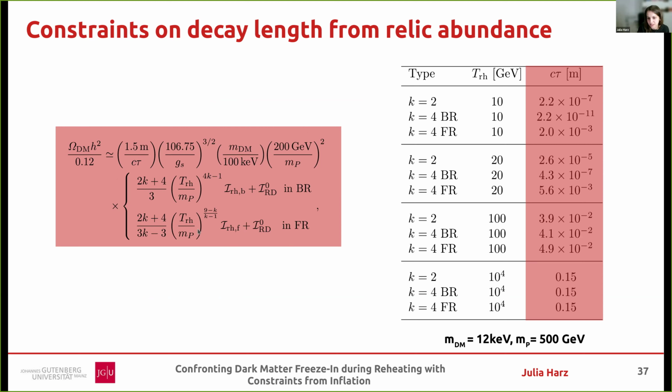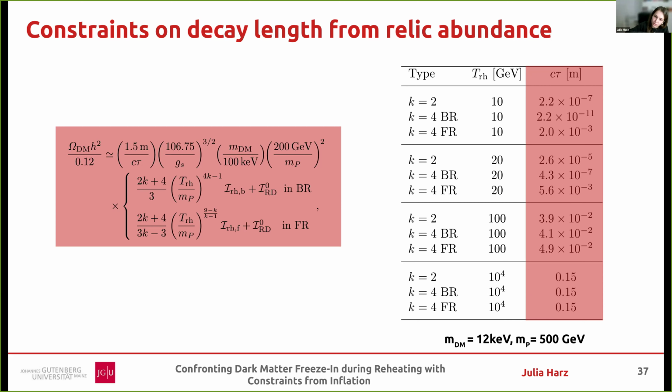Or in other words, here I fix the dark matter mass and the parent particle mass and only change the reheating temperature and ask myself the question, what is the corresponding decay length in order not to overproduce dark matter? You see, if we have a large reheating temperature, this is the normal case, we get for all of them the same decay length, and it's pretty large.